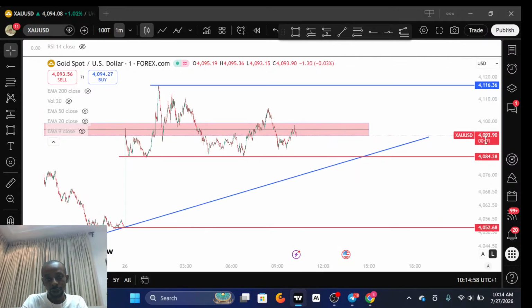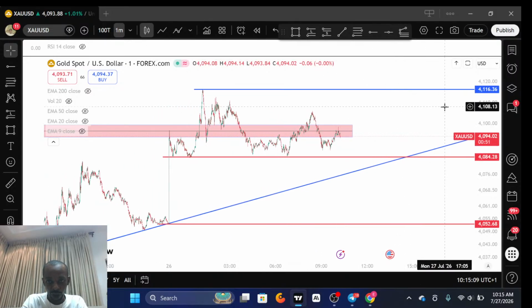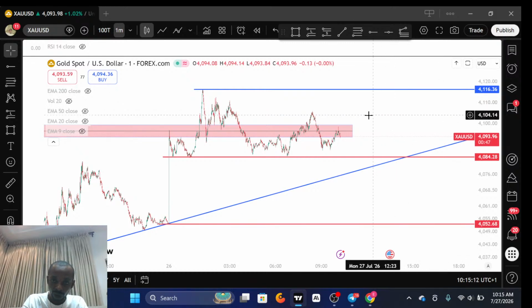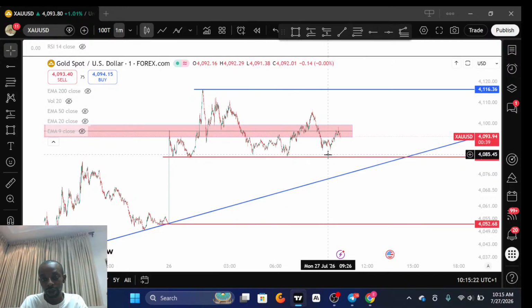Better take the advantage to learn now and master it. Very soon, there will be no space. So this is 1 minute time frame again. We have come back to 1 minute time frame. And you see the market is just slow, sluggish, waiting for us.